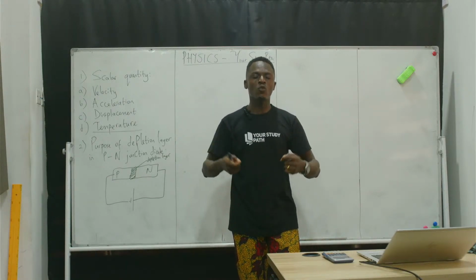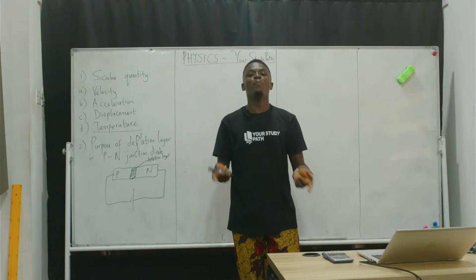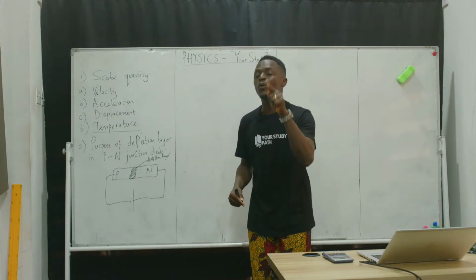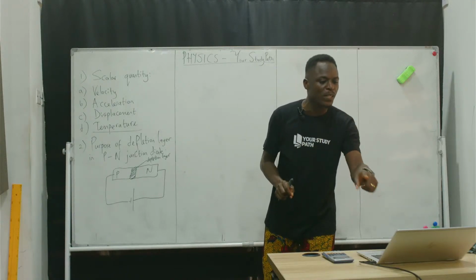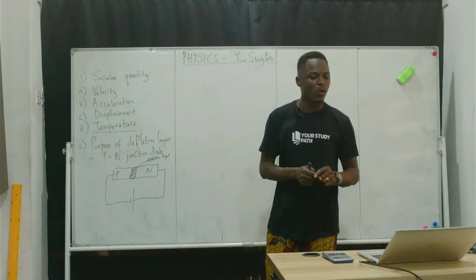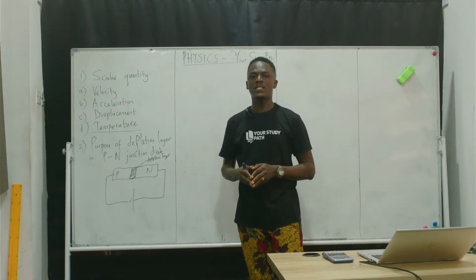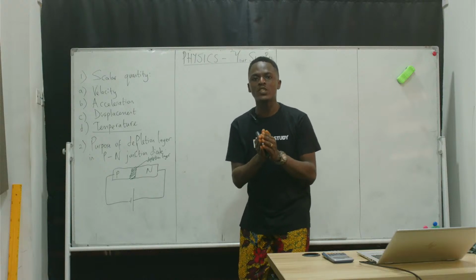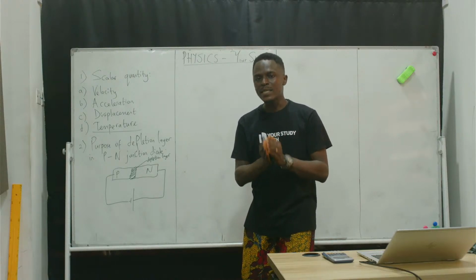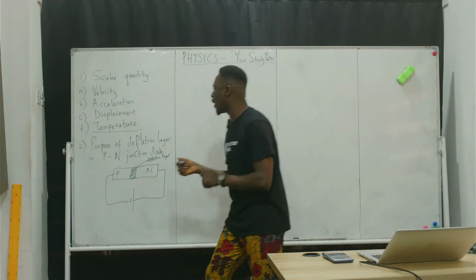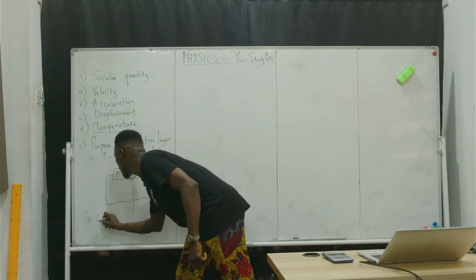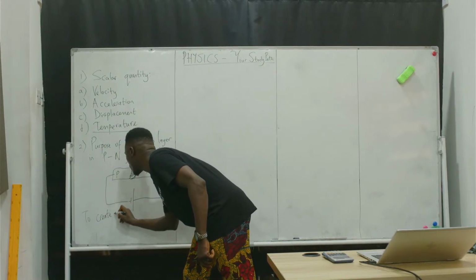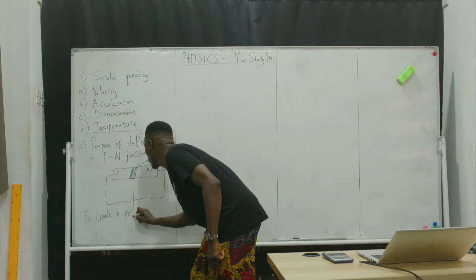But the moment they are asking for the purpose of the depletion layer, what we are going to say is that it helps to create a potential barrier. The purpose is to create a potential barrier.